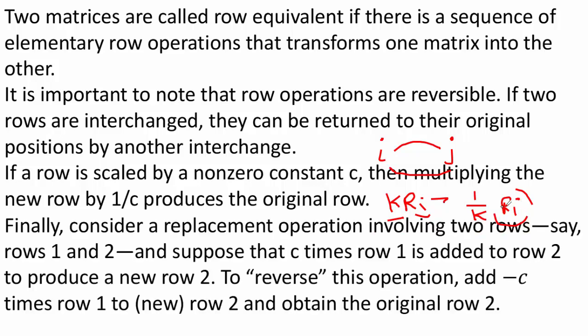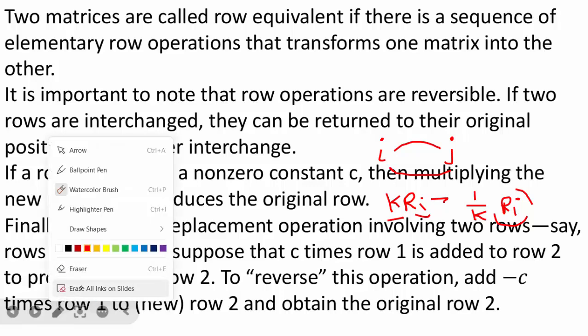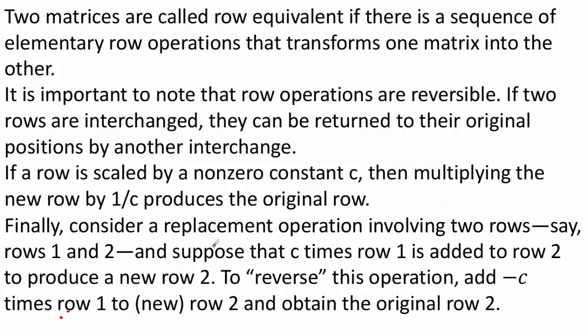Finally, consider the replacement operation involving two rows, say R1 and R2, rows 1 and 2, and suppose that c times row 1 is added to row 2 to produce a new row 2. To reverse this, add minus c times row 1 to the new row 2. That means R2 plus c times R1.